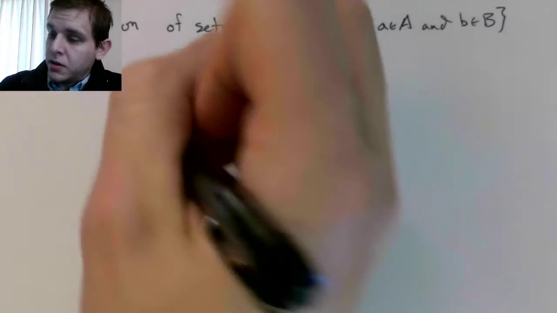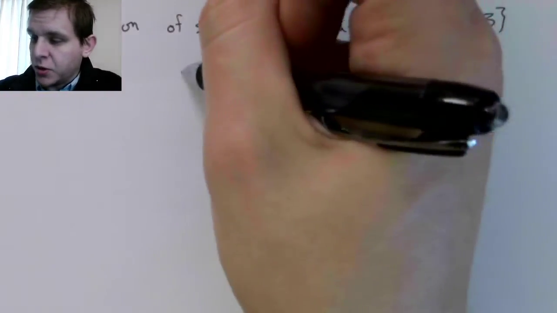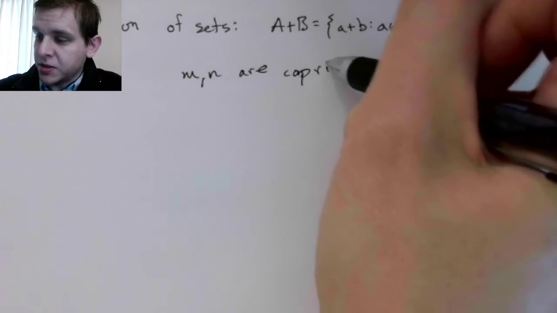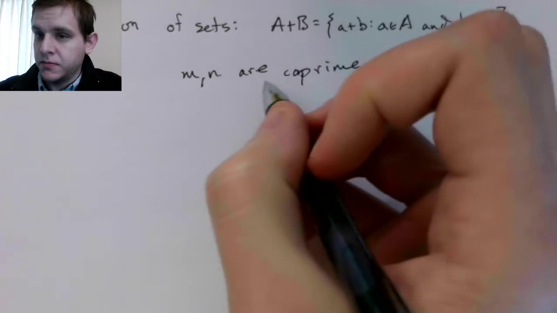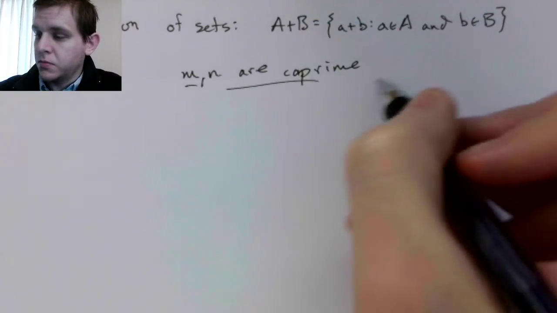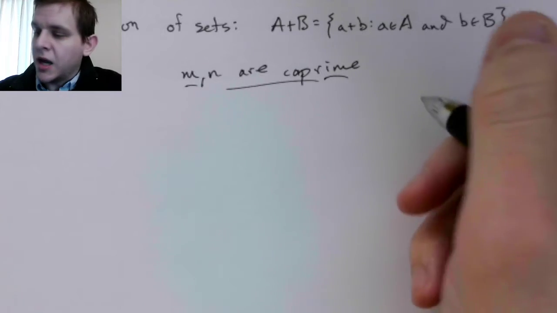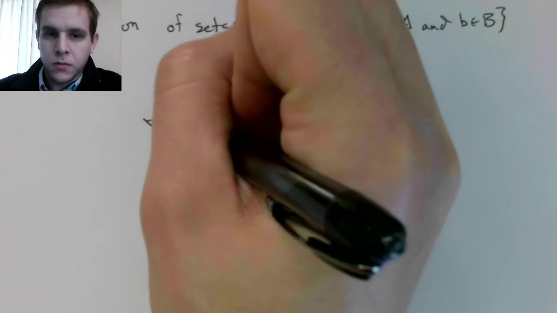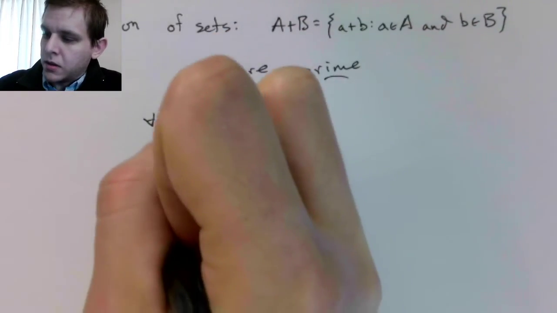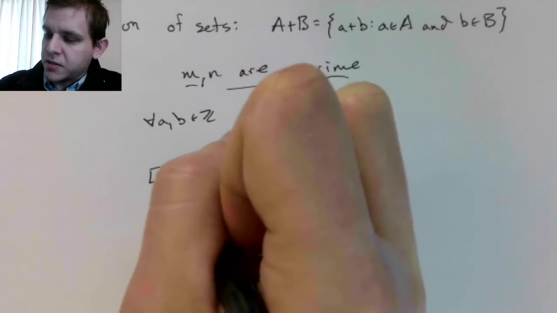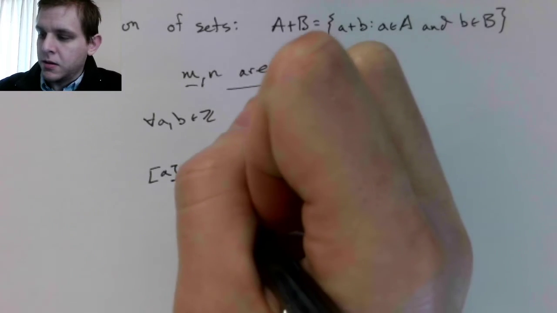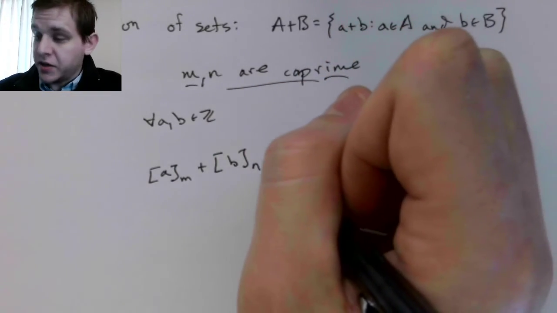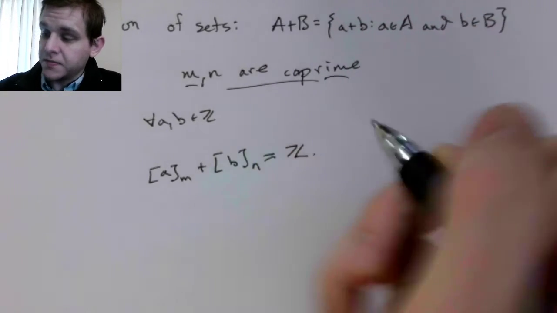So now, M and N are assumed to be coprime. It's a good idea to write down what the assumptions are. So this is my assumption. And I want to show that for any a and b, the congruence class modulo M for a plus the congruence class modulo N for b is all of the integers.